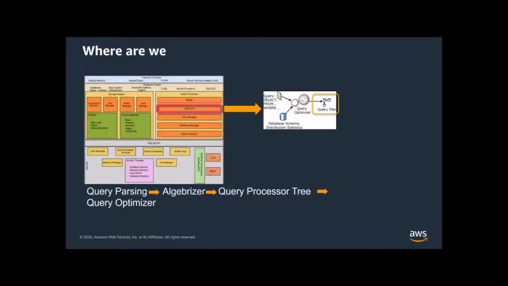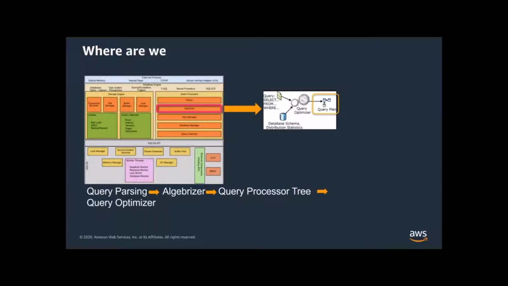Internally, for example, if I have a table called user, the algebrizer will make sure it has the right schema, for example a schema called users with a user table under it, and also the database, for example MyDB. The algebrizer makes sure that each name is fully qualified.